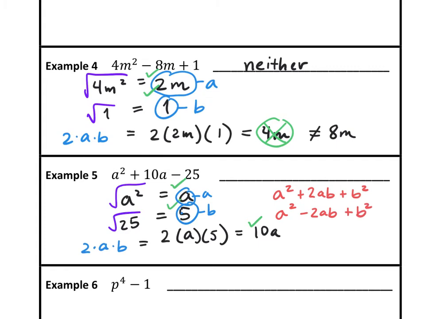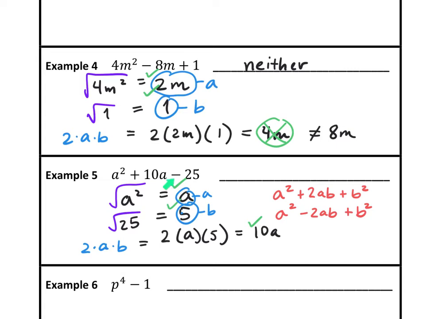And these two are on the first page. So if you go back to the first page, notice that for a perfect square trinomial, you can have a plus or minus in the middle term, but in front of the last term, there always has to be a plus. There always has to be a plus.